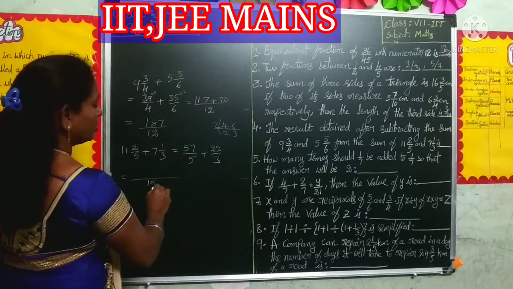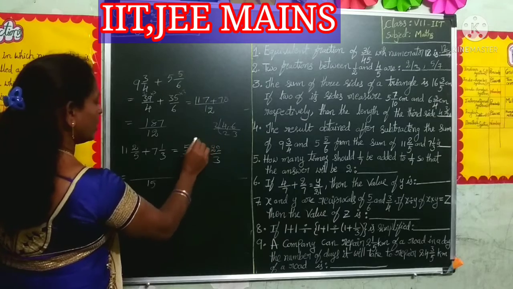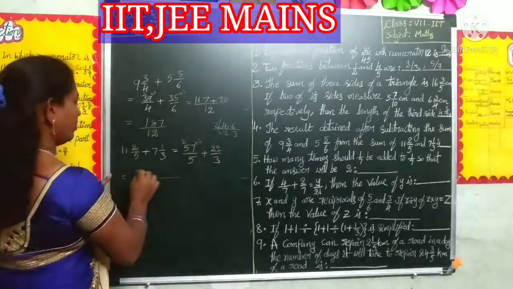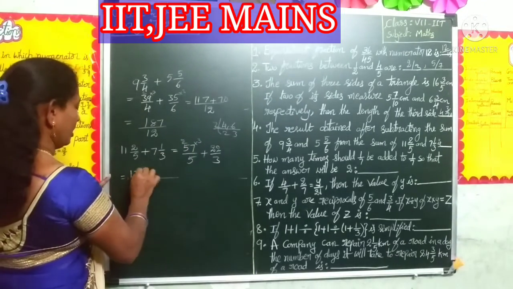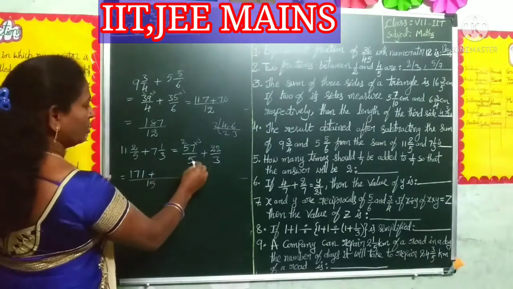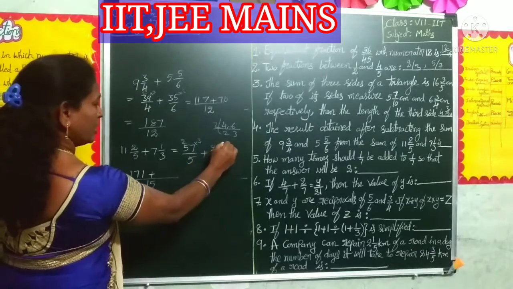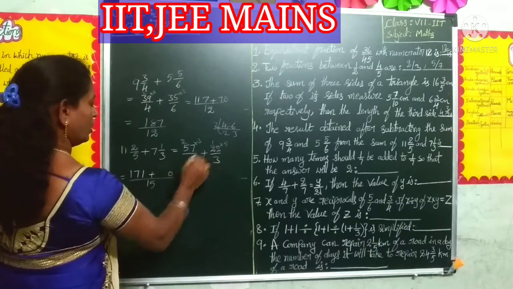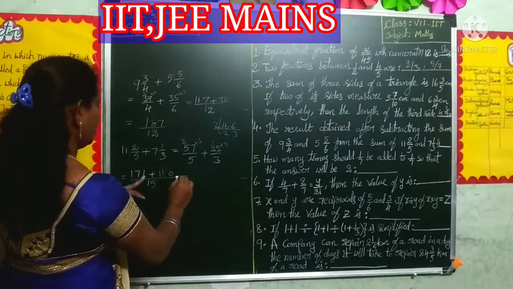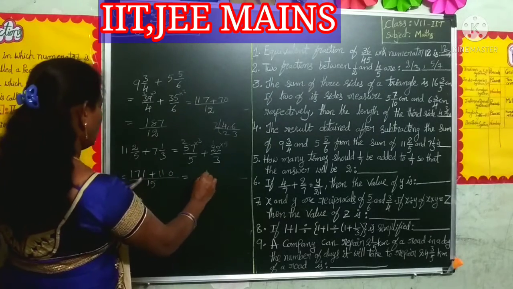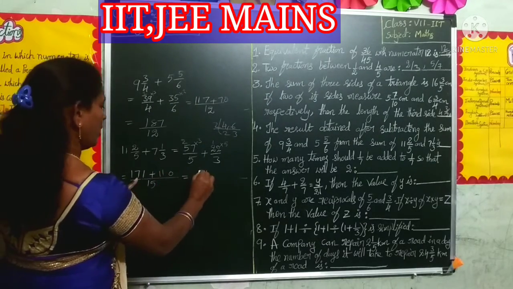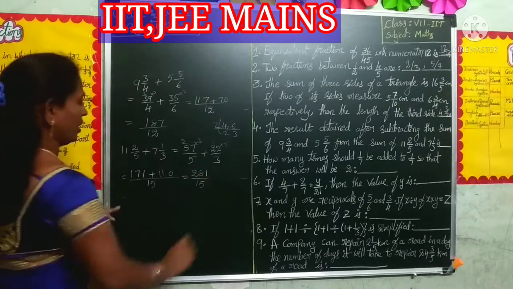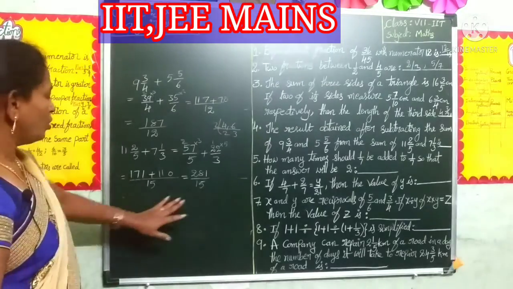For 5, 3 times means multiply with 3: 3 7s are 21, plus 15 is 17, plus, for 3, 5 times, 5 is multiplied: 110. That is equal to 1 plus 0 is 1, 1 plus 7 is 8, and 2 by 15.